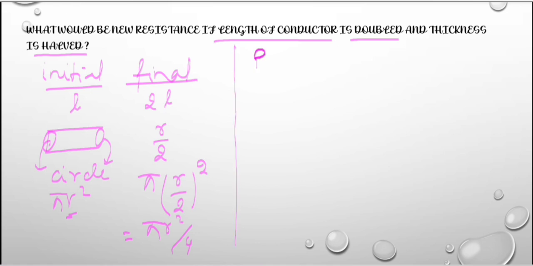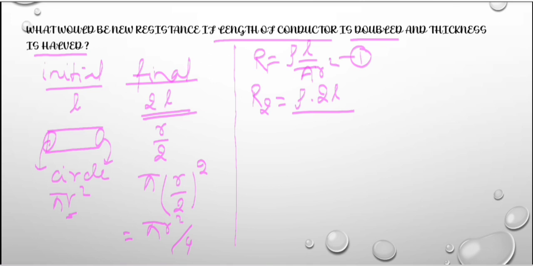Now we know the formula R is equal to rho into L upon A. Let us consider this is equation 1, for R1. And R2 will be equal to rho into twice of L, because the length is doubled, and the area, initially it was pi r square, and finally it is pi r square by 4.